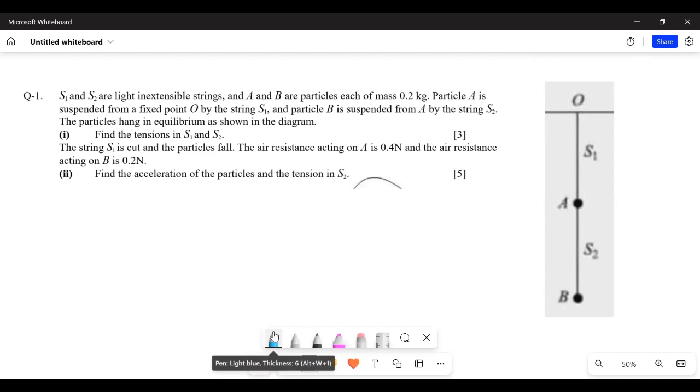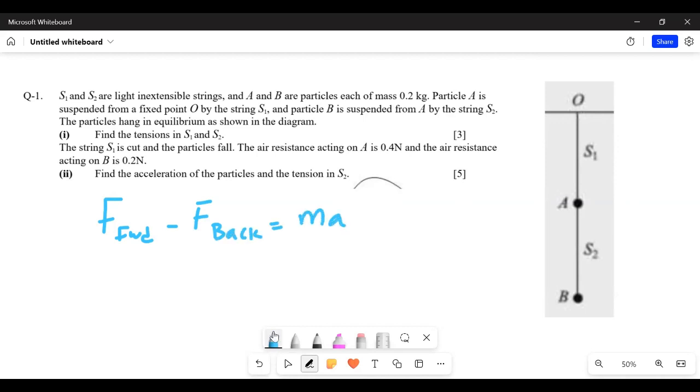We've discussed the most important formula, forward force minus backward force equals MA, where forward force is the force in the direction of the motion, and backward force is the force against the direction of motion.